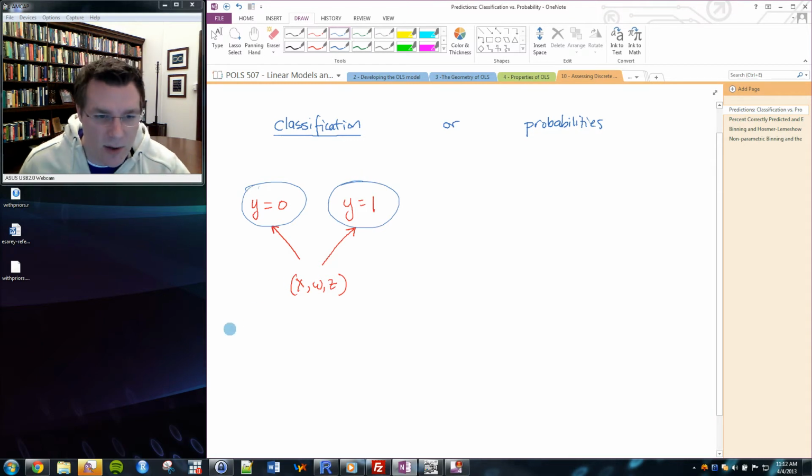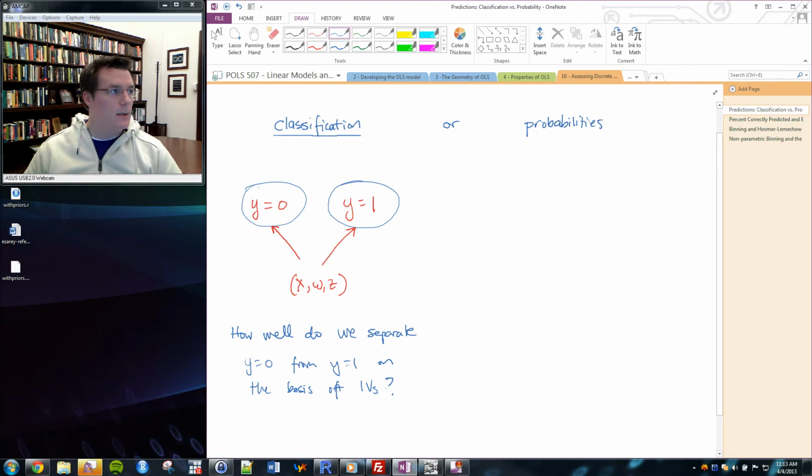So the question here is, how well do we separate y equals 0 from y equals 1 on the basis of observable variables, independent variables? It makes a lot of sense in certain contexts.